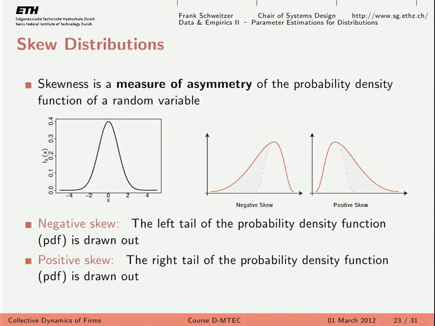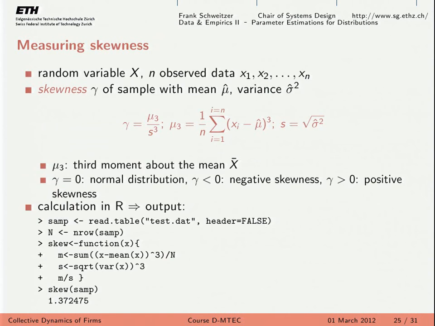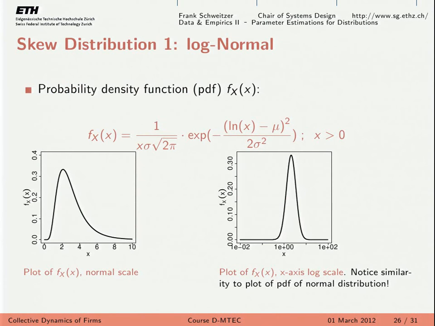So now we apply what we just learned to the first candidate of a skew distribution. That's the most important one. It's the log normal distribution. So what is the difference between a normal distribution and a log normal distribution? The difference is simply that instead of talking about x, I'm talking about ln x.